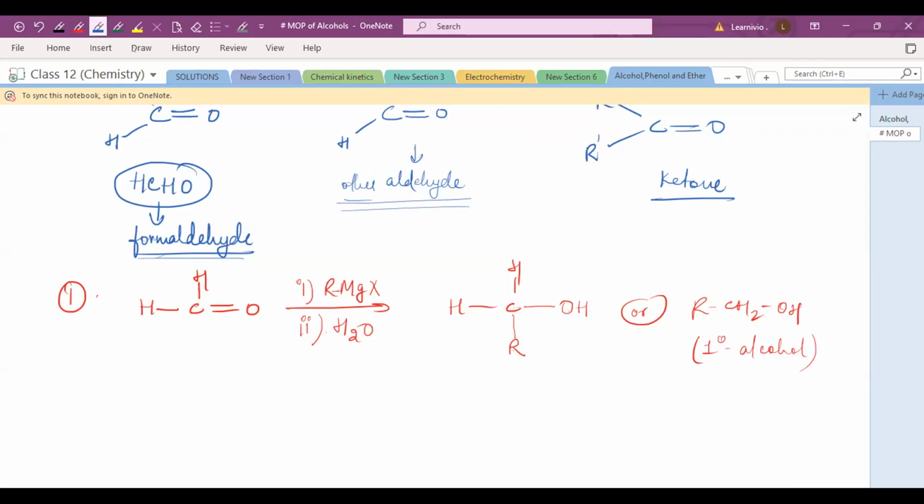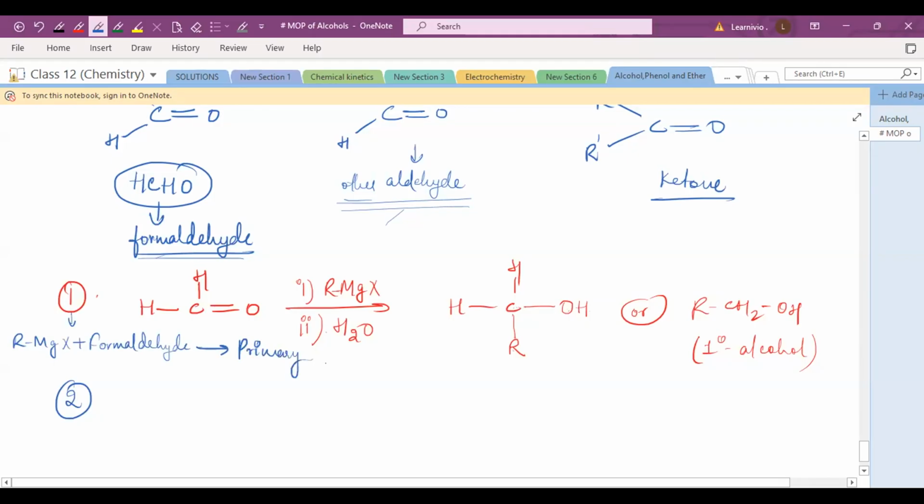Second one. Let's see when there is another aldehyde. If you replace one hydrogen with any other alkyl group, it will be another aldehyde. First, write this heading: one, RMgX plus formaldehyde will give you a primary alcohol.